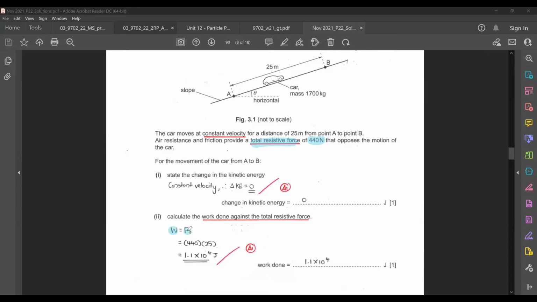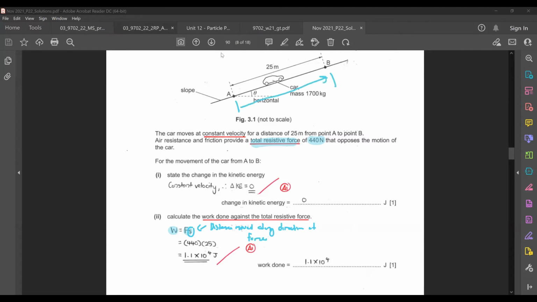We know it's W equals Fs, but the s must be the distance moved along the direction of the force. So we are talking about this distance here.